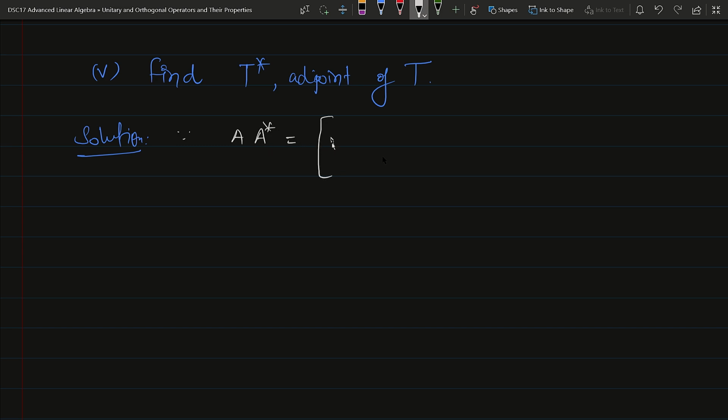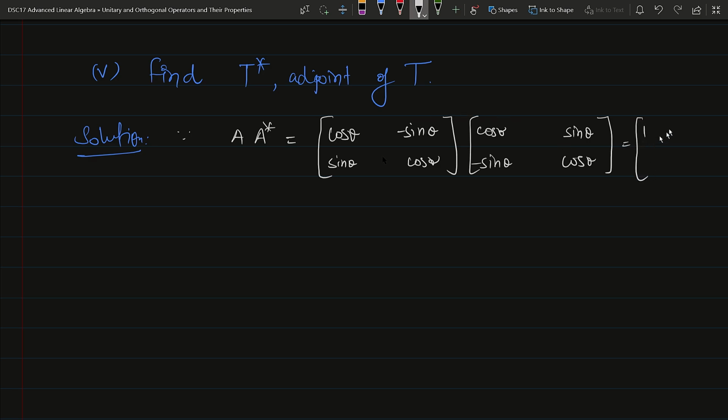That is equal to cos theta, sin theta, minus sin theta, cos theta, multiplied by cos theta, minus sin theta, sin theta, cos theta. You can see cos square theta plus sin square theta, then you have sin cos minus sin cos. So you can verify we have the matrix 1 0 0 1.